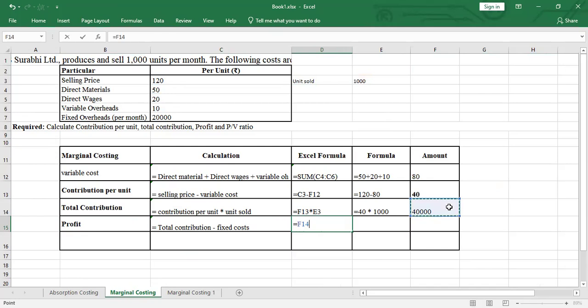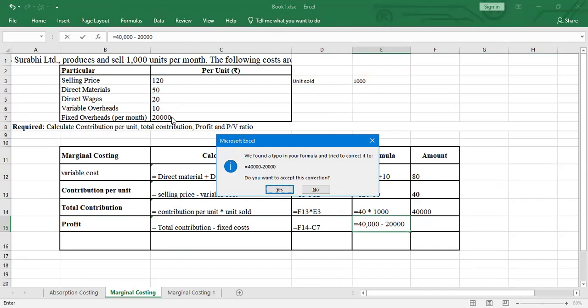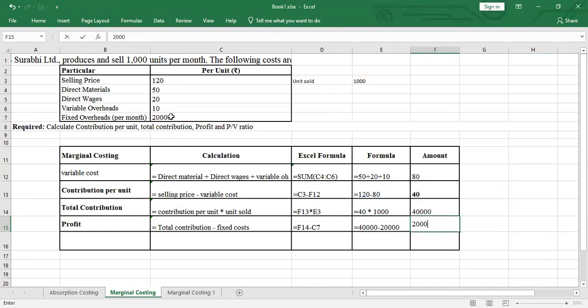Total contribution is 40,000 minus fixed cost, that is 20,000, which is 40,000 minus 20,000, that is 20,000 will be your answer.